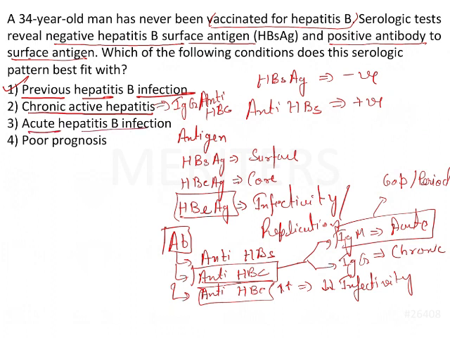Acute hepatitis B infection is explained by IgM in the gap period, and poor prognosis has nothing to do with the serum, right? So the answer is going to be previous hepatitis B infection.